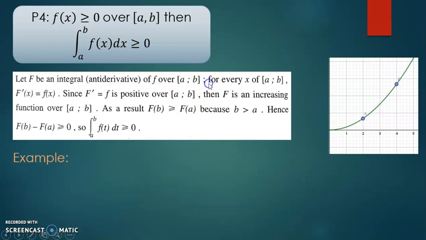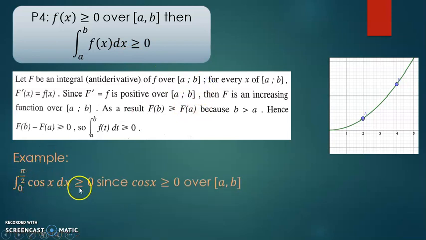For example, the integral from 0 to pi over 2 of cosine x dx is greater than or equal to 0. You can know that it's positive without calculating it, because we know that cosine x in the first quadrant of the trigonometric circle is positive, since here it's from 0 to pi over 2. So for sure the integral from 0 to pi over 2 is also positive.